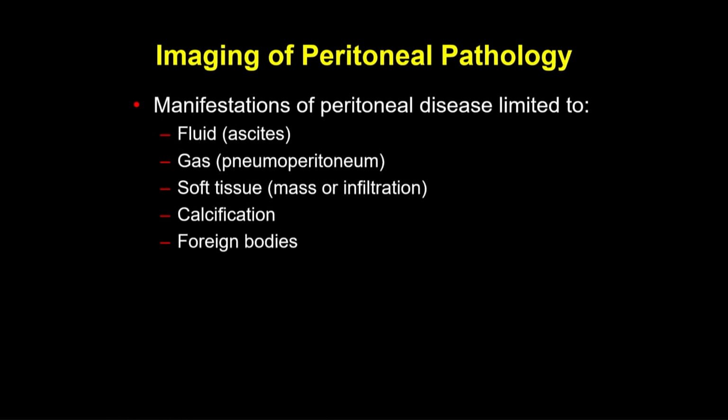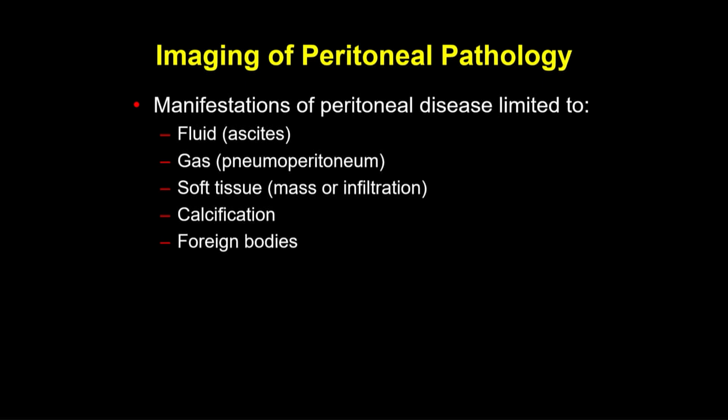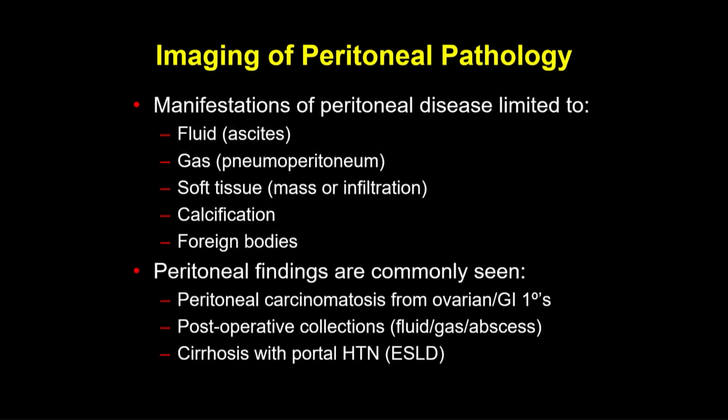So let's run through how this can manifest. Peritoneal pathology, there's not a whole lot it can do, right? You can have fluid or ascites. You can have pneumoperitoneum. You can have soft tissue, either infiltration, as I just showed you, or more mass-forming lesions, calcification, of course, and then foreign bodies.